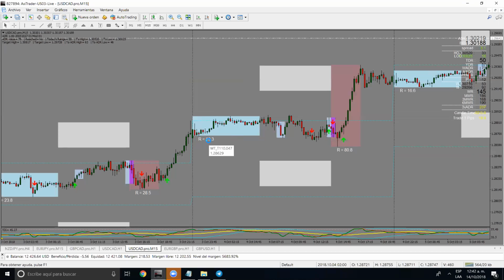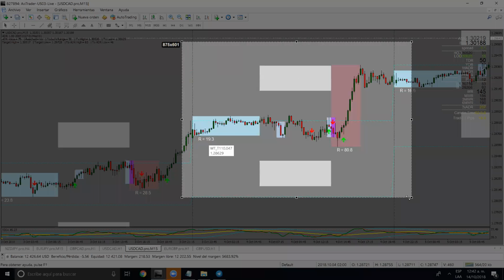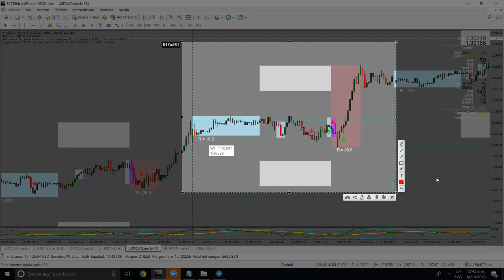So continue. Usually in this Asian session the market is in range, usually, not always. We are not going to trade here. No trade in the Asian session. They are accumulating.